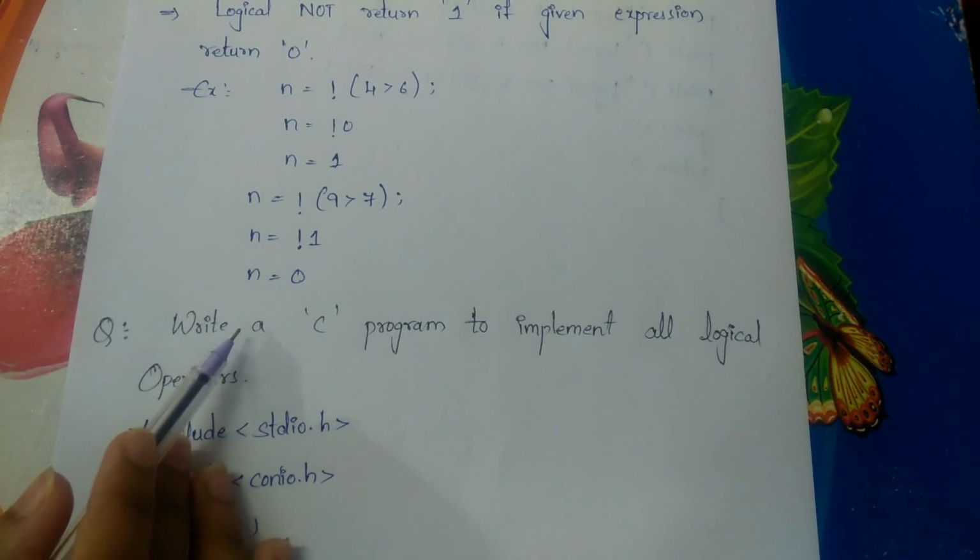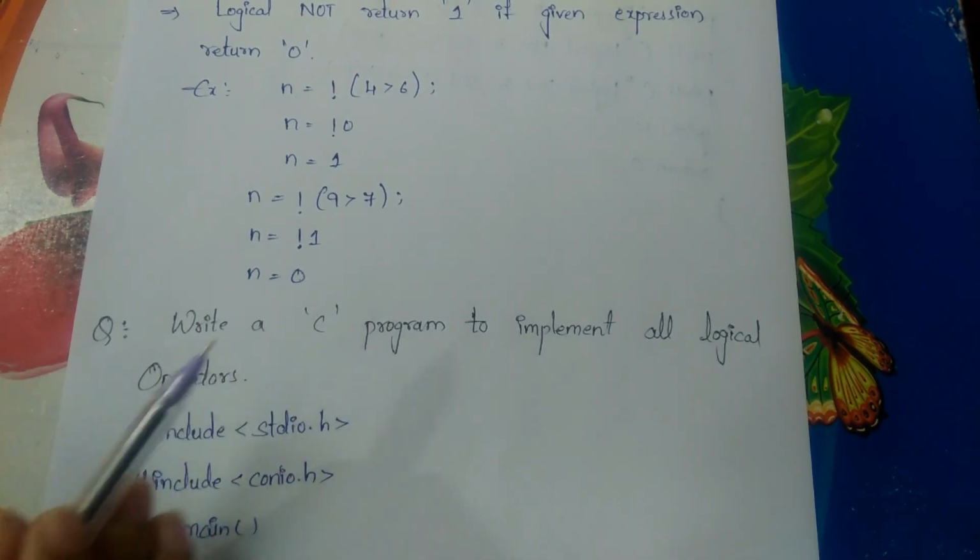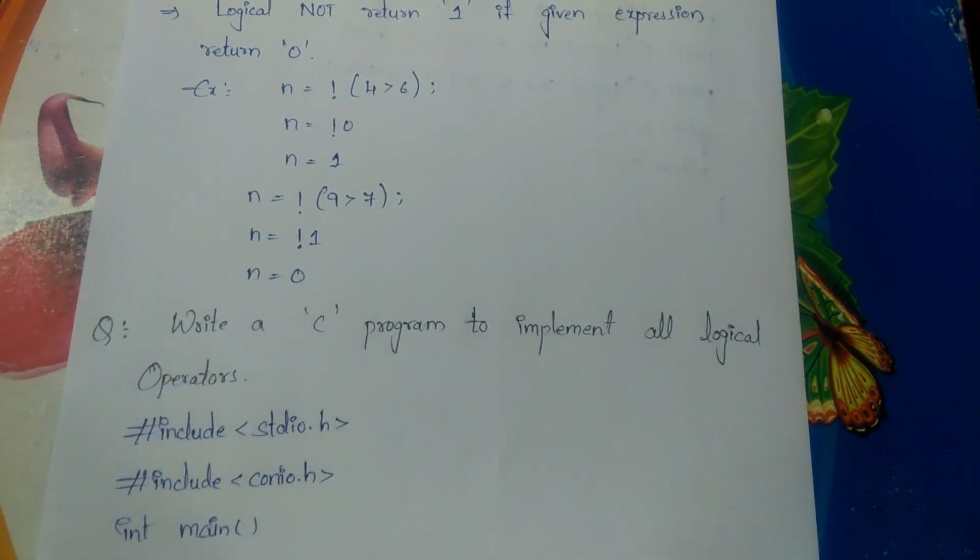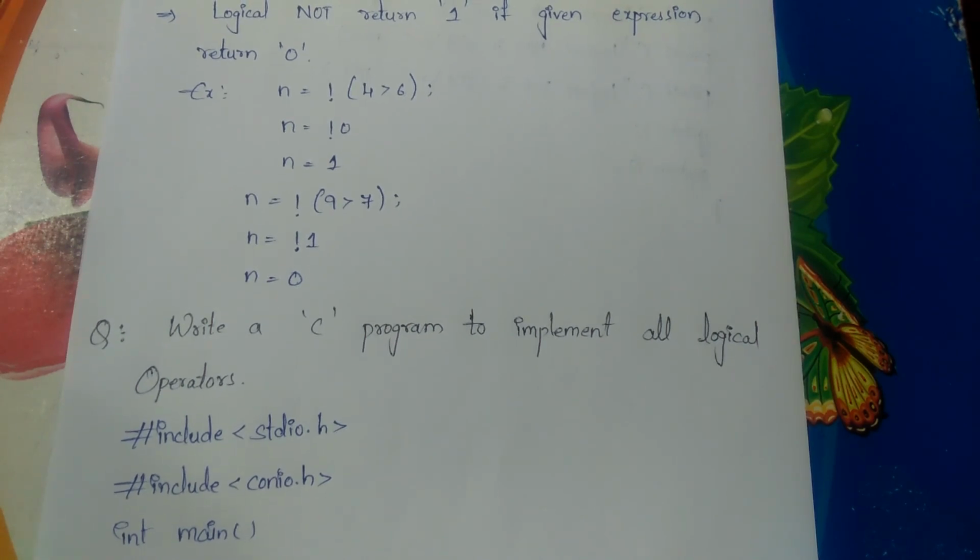And the next, write a C program to implement all logical operators. In logical operators, we have seen the types: logical AND, logical OR, logical XOR, and logical NOT. Now we have to write a C program to implement all these logical operators.